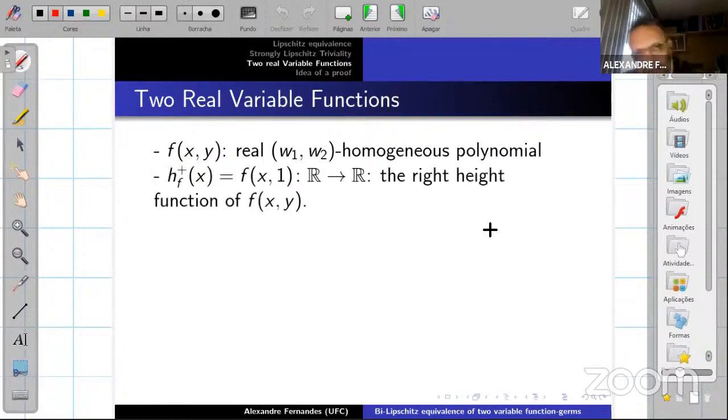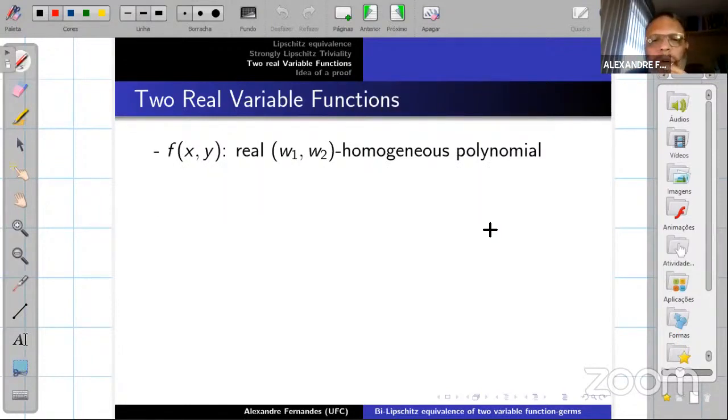Then he defined more than one height function. Consider a real weighted homogeneous polynomial.